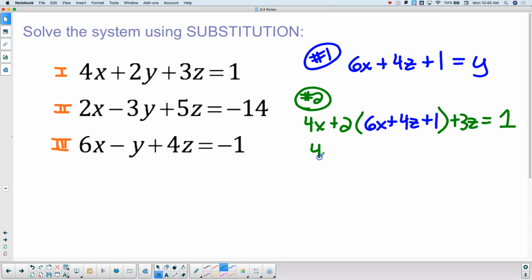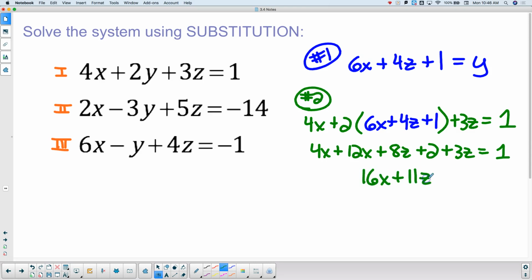So that's 4x plus 12x plus 8z plus 2 plus 3z is equal to 1. 16x plus 11z equals negative 1. Call that equation number 4.